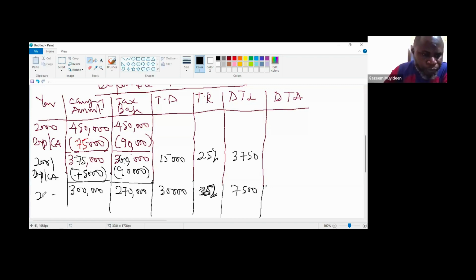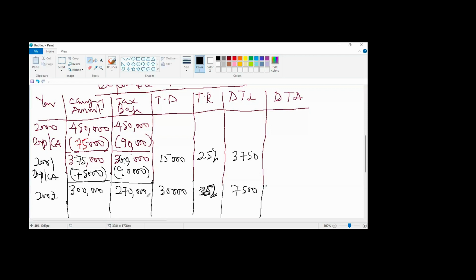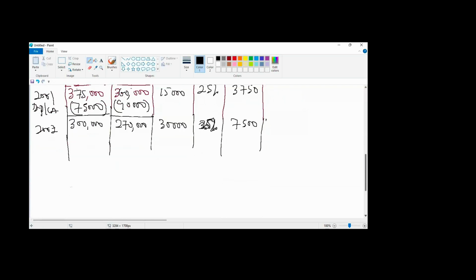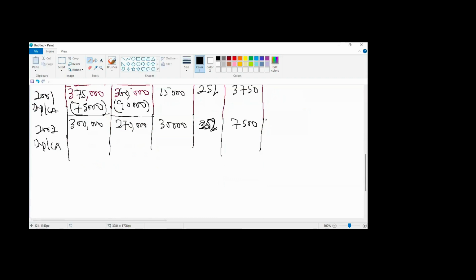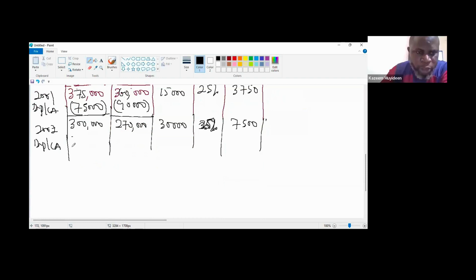2002. Depreciation? 75,000. No, it was written off.